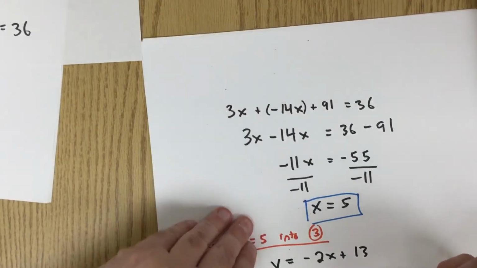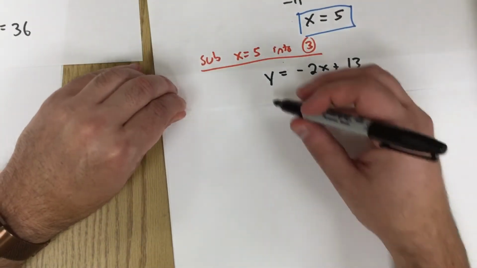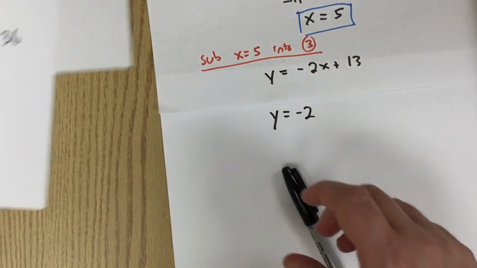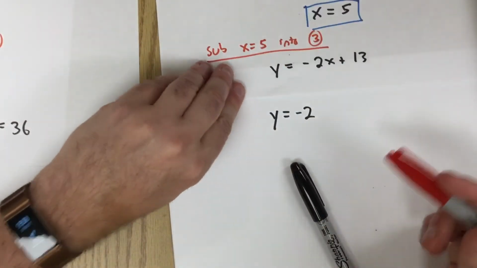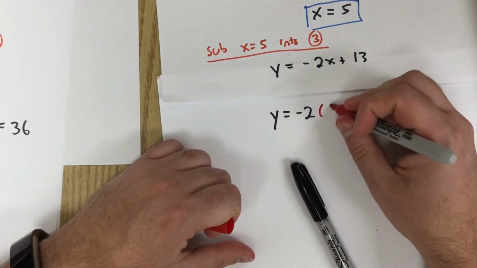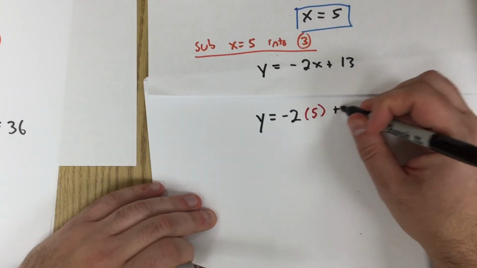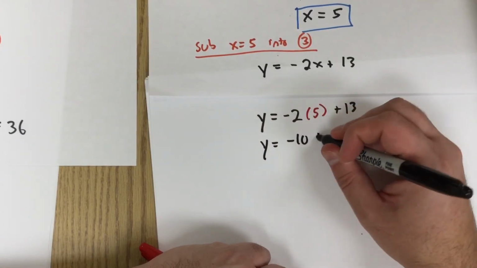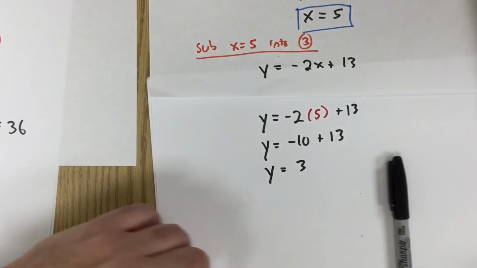And then we're going to sub in x equals 5. So it's going to be y equals -2, instead of x, we're going to write 5, plus 13. So y equals -10 plus 13. y equals 3.